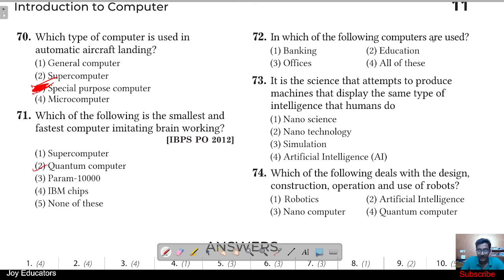So in which of the following are computers used? The science that attempts to produce machines that display the same type of intelligence that humans do. AI, artificial intelligence. Final question: which of the following deals with the design, construction, operation, and use of robots?